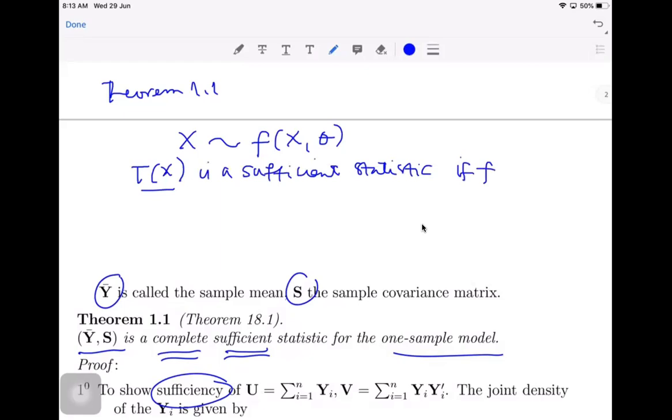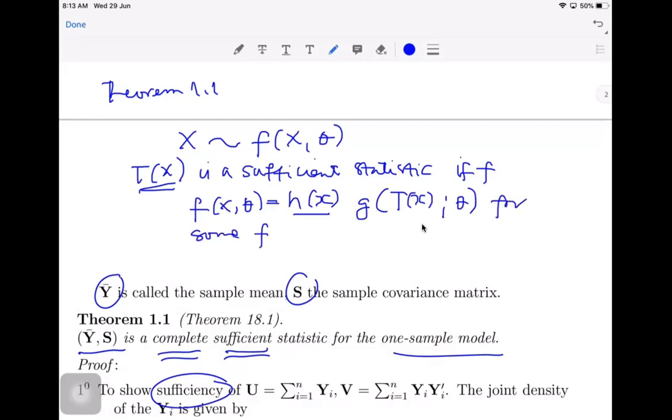you can express the joint density function as a product of two functions. One is a function of x and the other one is a function of your statistic, which is a function of x, T(x), a function of your statistic. Of course, the parameter is also in there, in that function.